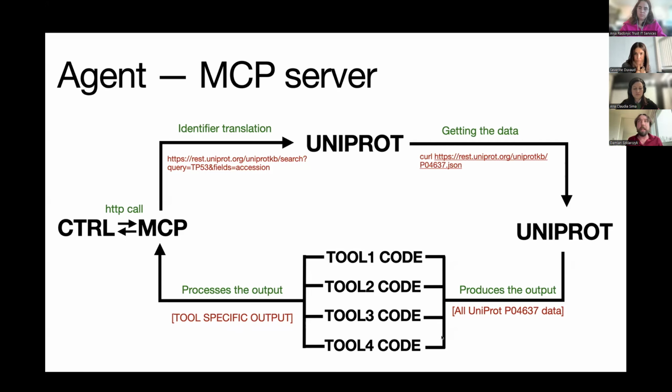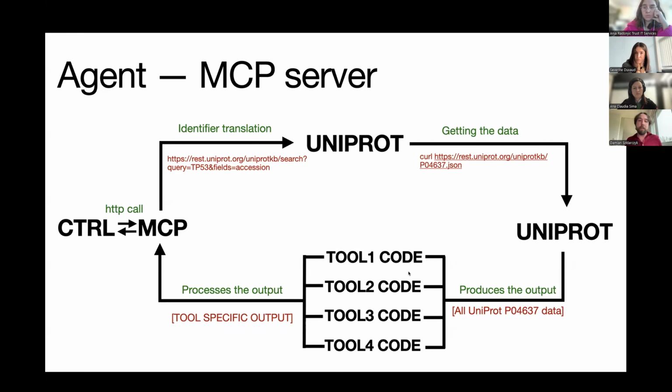Then we can create as many other tools as we want on this output. For example, this output can say which are the GO terms, with what other proteins the protein interacts, or what complexes it forms, and so on.